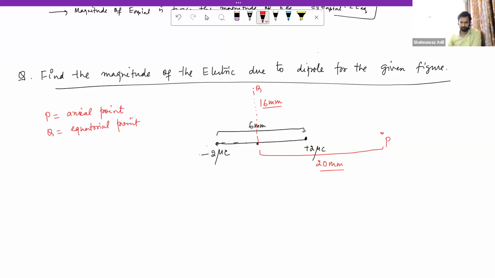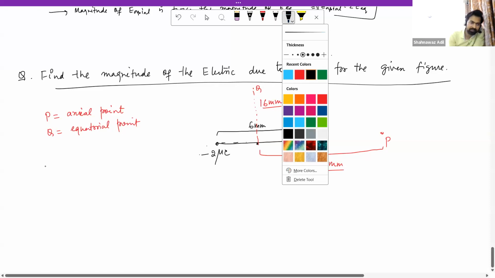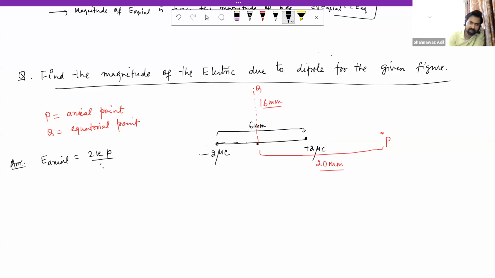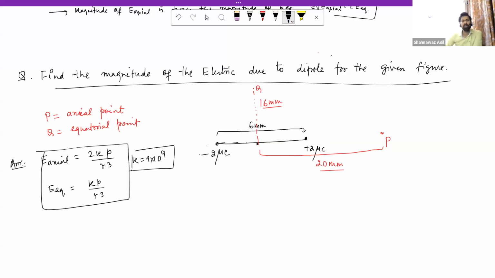We already know that the electric field at the axial point has magnitude 2kp divided by r cube, and E equatorial is kp by r cube. The value of K is 9 into 10 to the power 9.